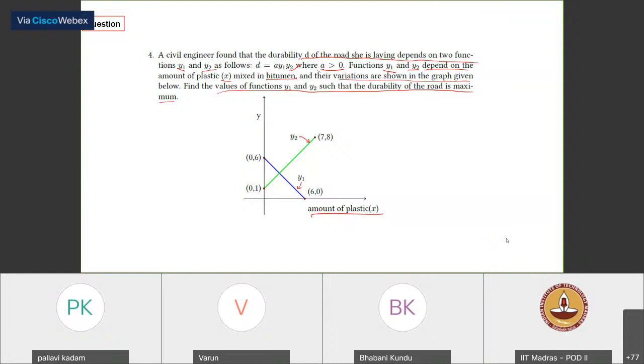No, sir, there is no inadequate info. Calculating the value of a is not required also. Okay, I'll give you up to 255. Just check, then we will go for the solution.